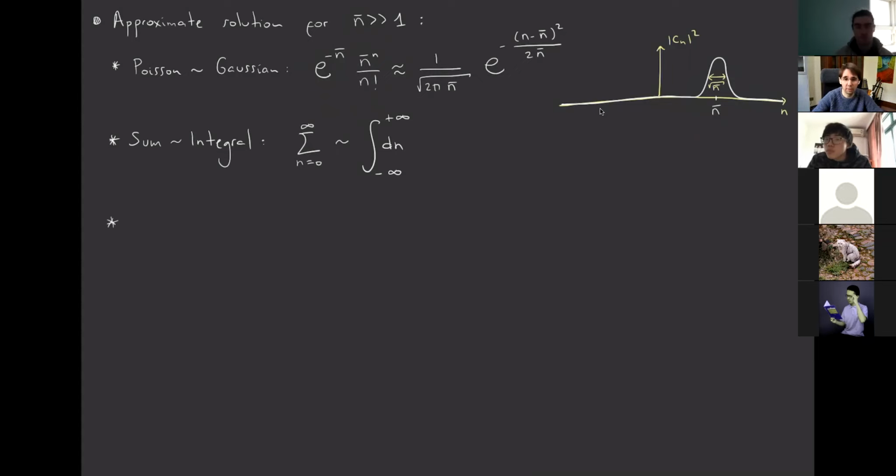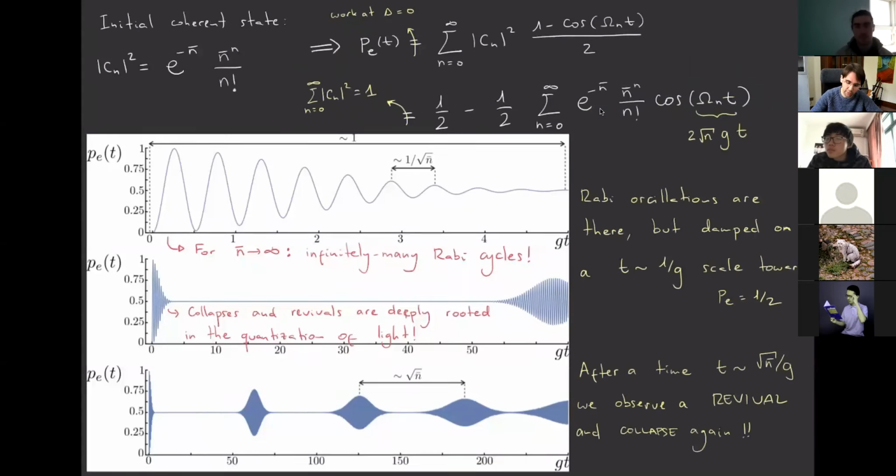And then the last part is the following. In the sum, we have two terms. One is the Poisson distribution that now is a Gaussian, perfect. But then we have in here the cosine of omega nt, and omega is a square root of n, okay? This means that when we write the cosine as exponentials, in total we will not have the exponential of a quadratic form because we will have a square root of n.